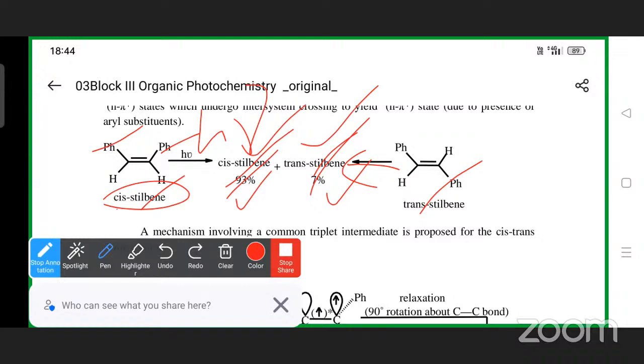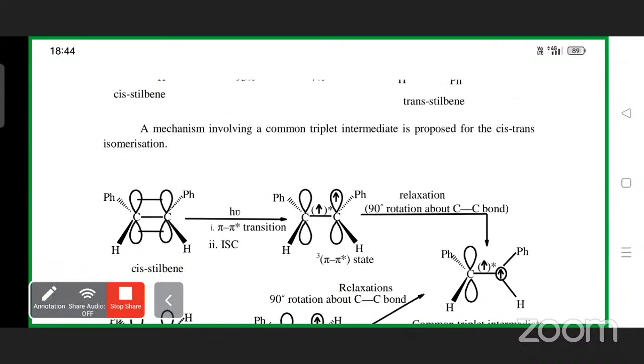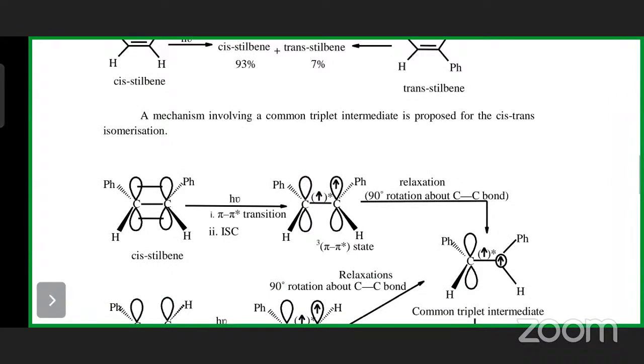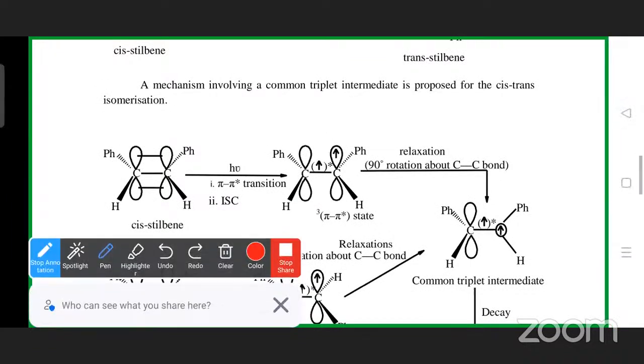So if you see the mechanism of these two stilbenes, then you can have an idea about how the products are obtained and what pathway it takes in that mechanism, right? You can see. Okay. So generally, this is your stilbene with the orbital picture diagram here.